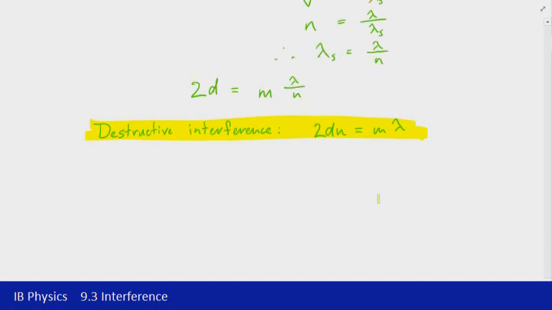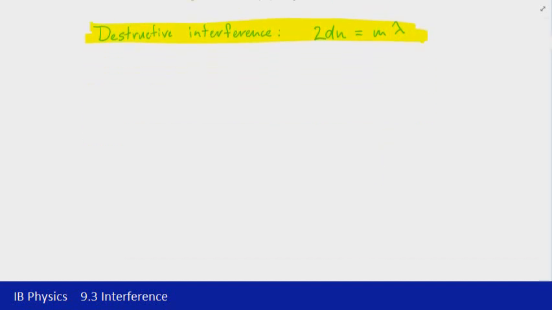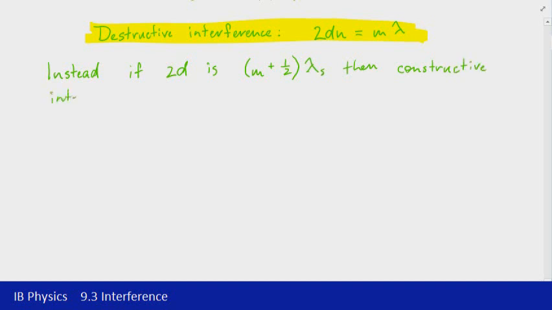If we then look at what would happen to have constructive interference, I won't go through the whole derivation in that much detail again. We'll instead just identify that if 2d is m plus a half times the wavelength, so we're saying that it's half or 1.5 or 2.5 and so on and so forth, then we would find that constructive interference will occur. And that's because as the ray X and Y travel out, they will now both be in phase, and so constructive interference, as I said.